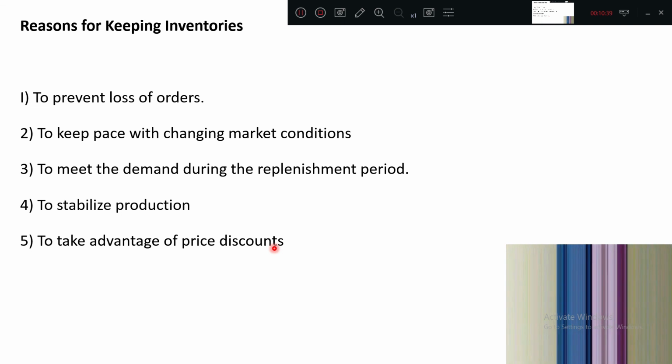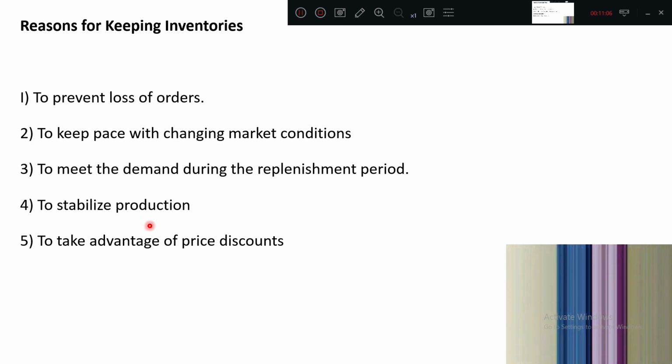So, due to order loss, someone is not supplying, for that reason you are keeping the inventory. Second is changing market conditions. Suddenly the market falls or rises, you can have a stock or you can go for later purchase. Third is the replenishment period, meaning the stock is suddenly changing from consumption, so the previous stock can be used.